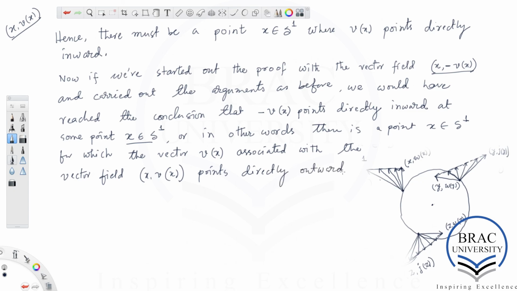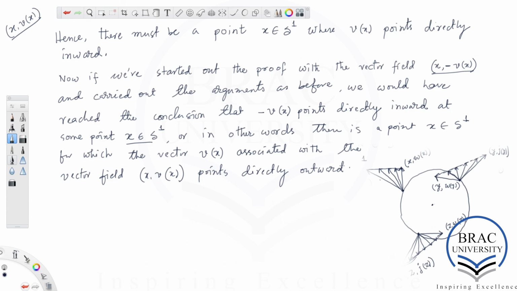Minus v of x pointing inward is equivalent to saying that v of x points directly outward.